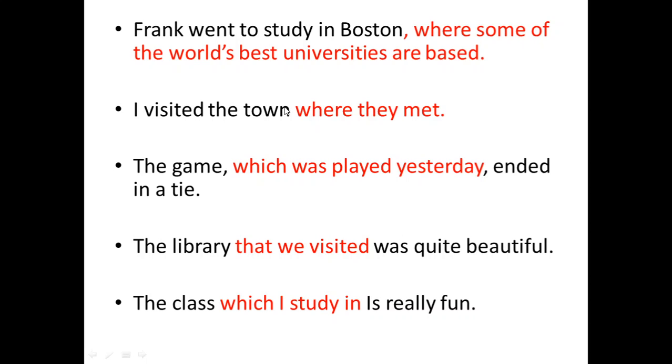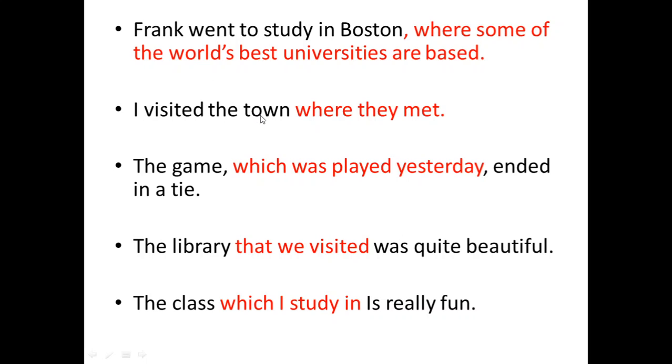I visited the town where they met. It's quite easy. I visited the town, right? We have the subject and the verb, and then we have the adjective clause where they met, right? So again, this is not a modifying adjective clause. This is in fact a defining or identifying adjective clause. And why is that? Can you only say I visited the town?